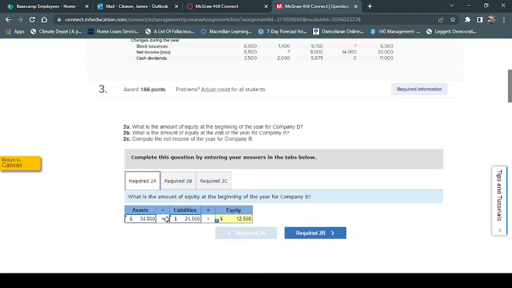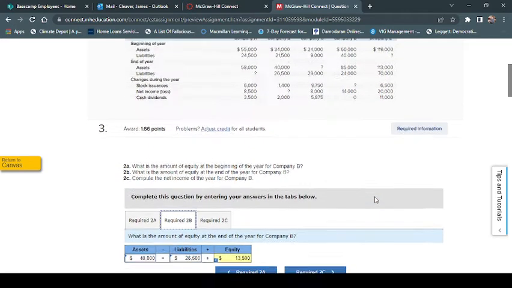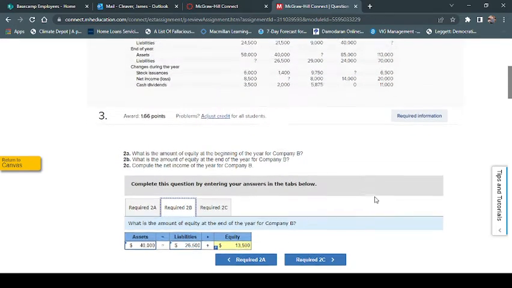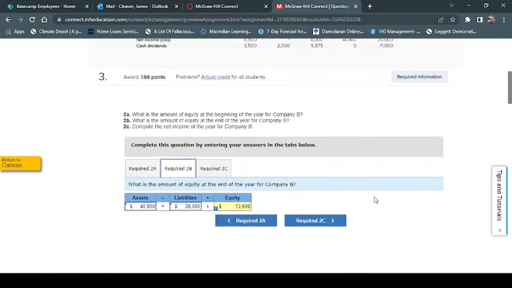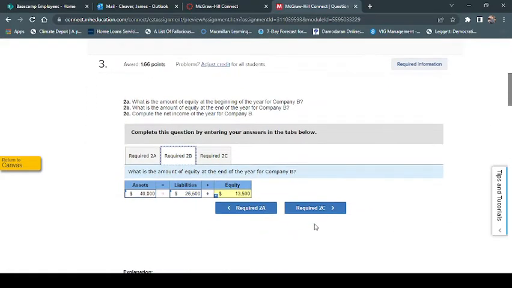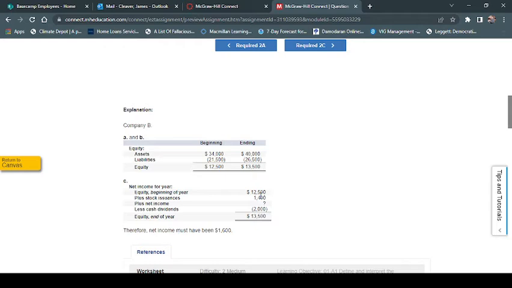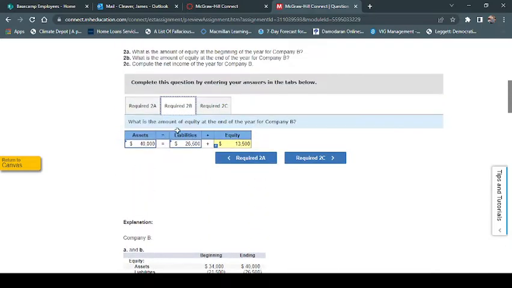So assets equals liabilities plus equity. So assets minus liabilities equals equity. You just switch it, use a little algebra. This one, what's the amount of equity at the end of the year for company B? Same question, ends up being 13.5. Your numbers will be different again. Here's A and B. Right, beginning, ending.